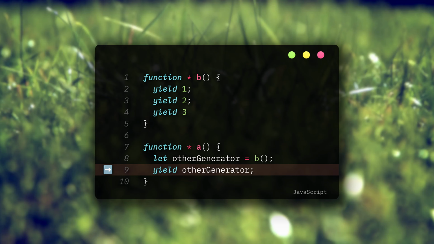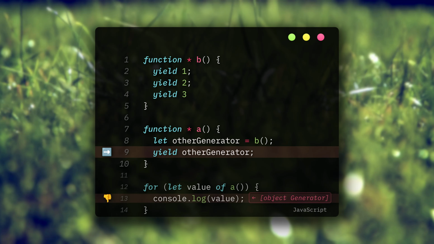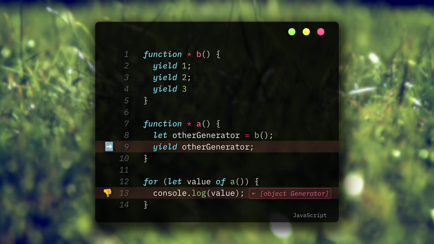Using straight yield won't work in this case. Generators are just regular JavaScript objects, and generators will happily yield generators as objects whenever prompted to do so. If we instead want to unwrap the generators of type b in our generator a, we have to use yield star.